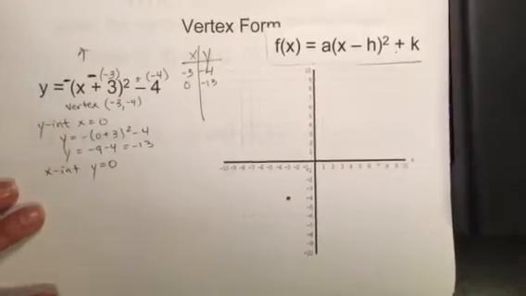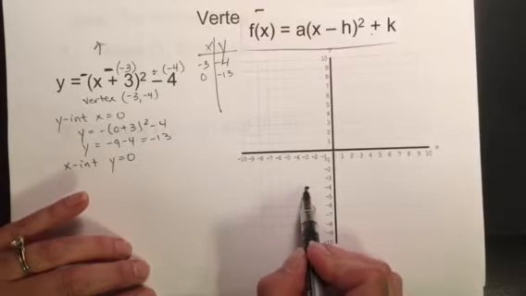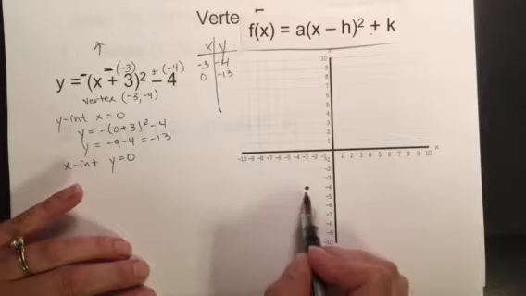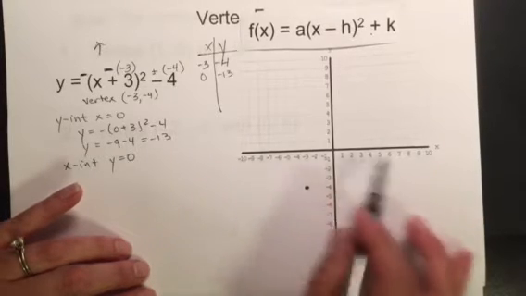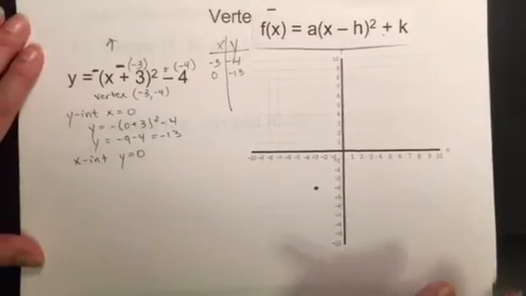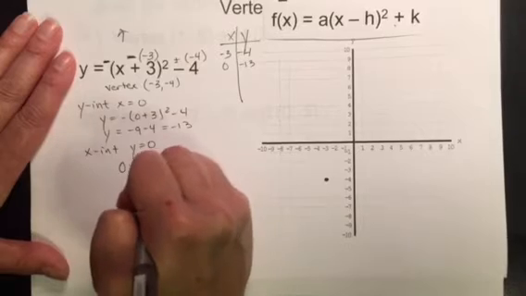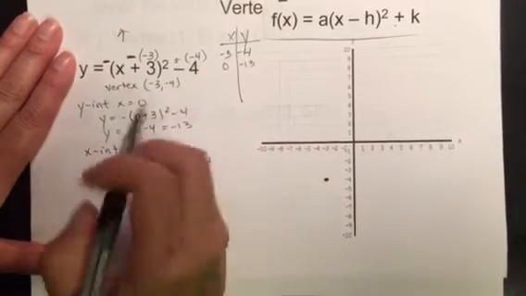All right, x-intercepts is when y equals 0. Some of you may already realize what's going to happen here, because I have a vertex here and I am opening down. This is opening down because a is negative, so it's never going to run into the x-axis. But I'm going to do this anyway just to show you what I mean. So 0 equals negative x plus 3 squared minus 4.